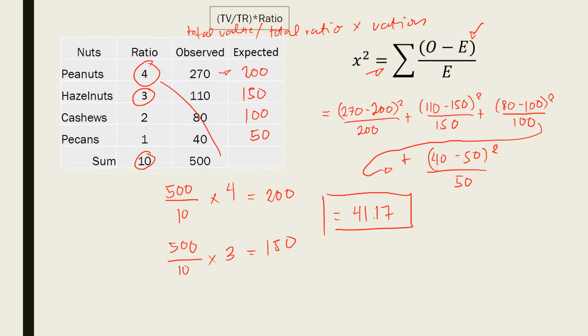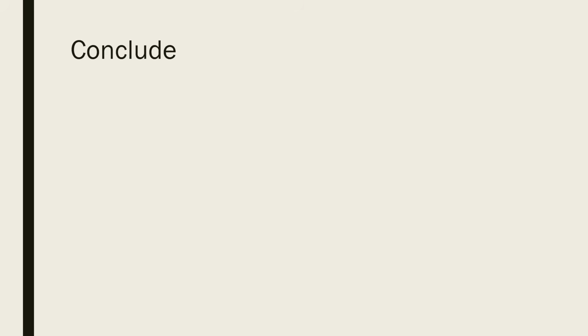In fact, the most complicated portion of a chi-square test is getting the expected values. Okay, so now we move on to the conclusion. Our conclusion shares a table of critical values together with Kruskal-Wallis. So it's actually the Kruskal-Wallis chi-square table of critical values.